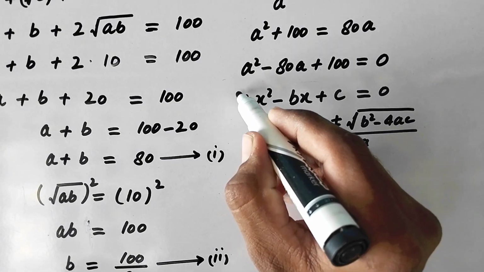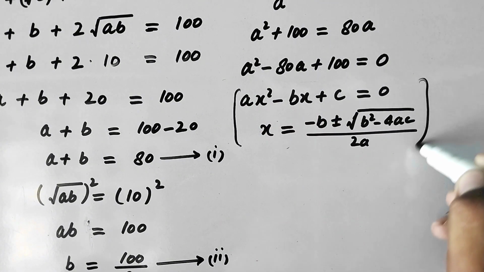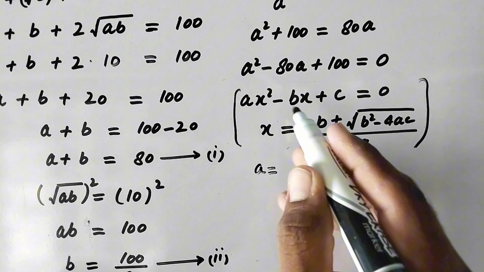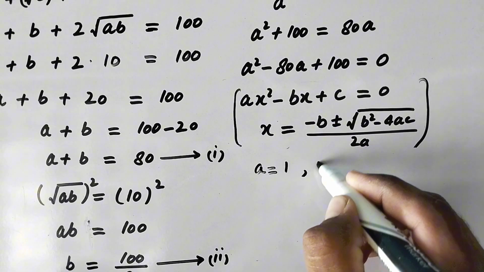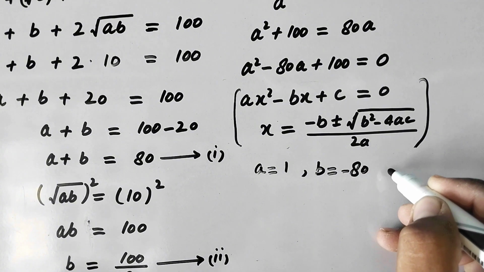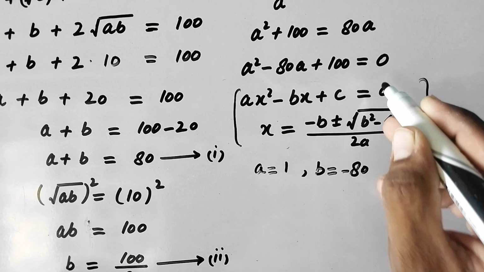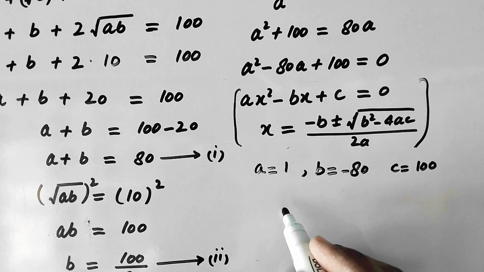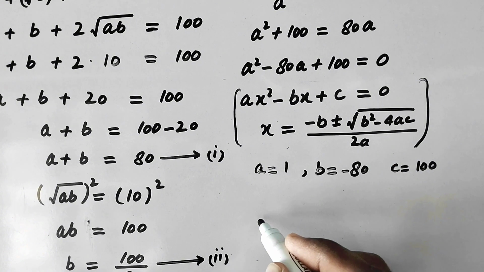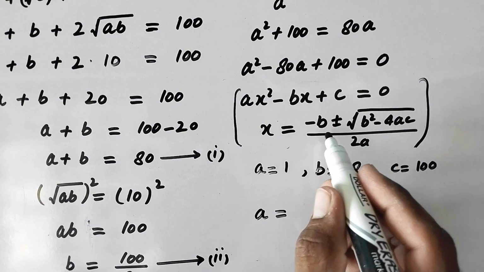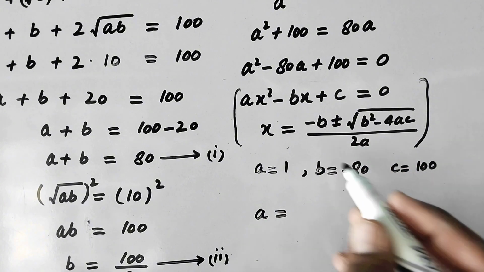So by following that formula, here the value of a is equal to 1, b is equal to minus 80, and c is equal to 100. And the formula for the value of a, here we will put the values of a, b and c.